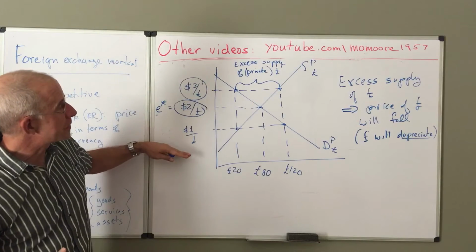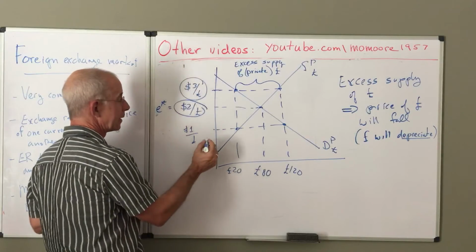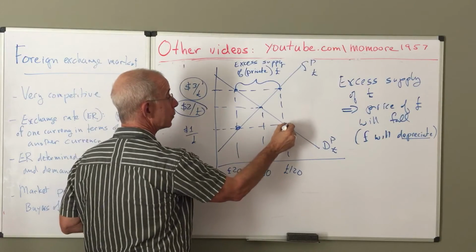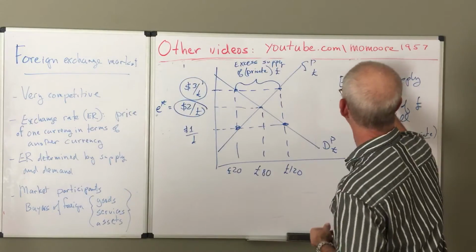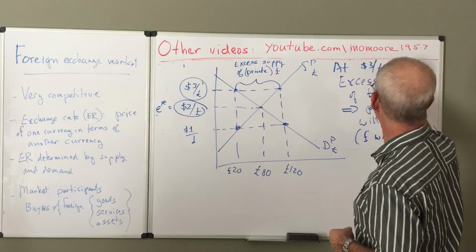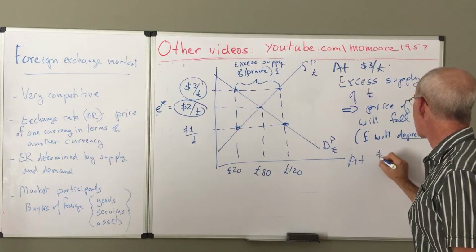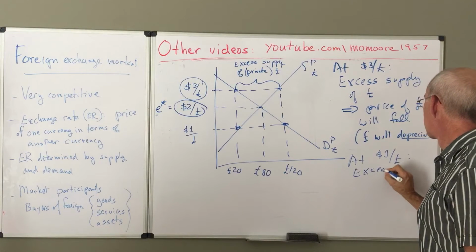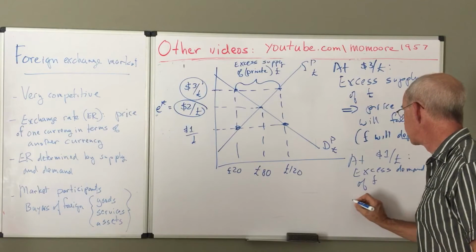Okay? If instead the exchange rate was at $1 per pound, so that we had 20 pounds supplied and 120 pounds demanded. So let me add this up here. At $3 per pound, we had excess supply of pounds. At $1 per pound, there's an excess demand of pounds.